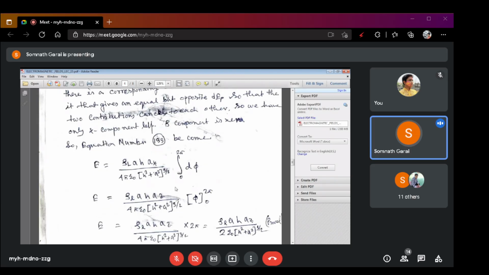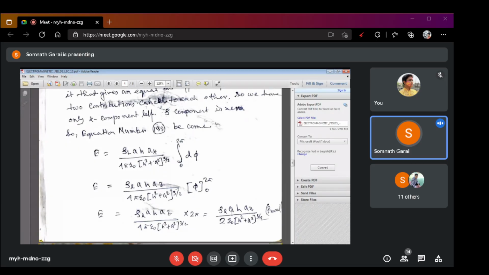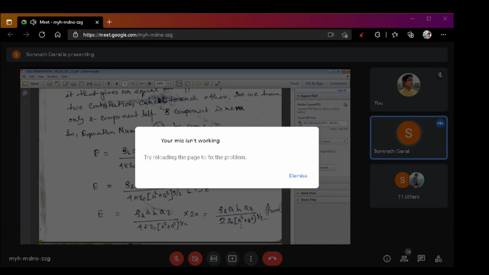Now integrate over 0 to 2 pi. So E equals rho L a h divided by 2 epsilon naught times h square plus a square to the power 3/2, into az. So that is the electric field intensity.